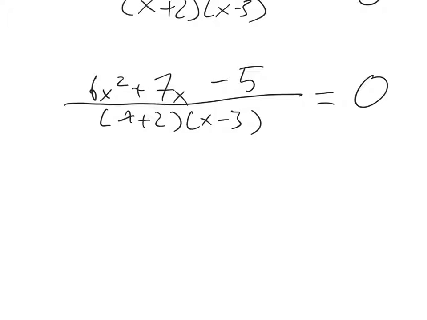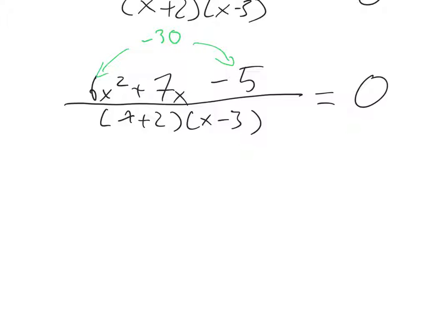So in order for us to solve this one, you might notice that the coefficient in front of our x squared is not 1. So that doesn't make this quite as easy as it could be. I'm going to approach this with a little bit of factoring by grouping or AC method, but the main thing that we have to look at here is we have to look at this number and this number, and we have to say if we multiplied these two, what would we get, right? 6 and negative 5, and what we would get is negative 30, right?